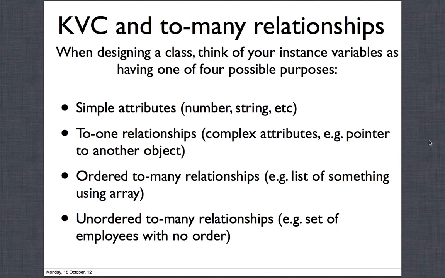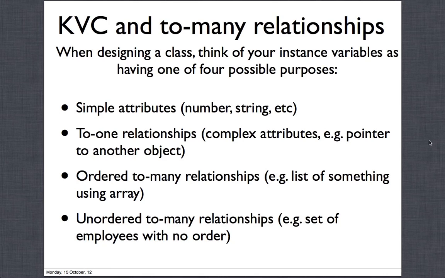Now, when you design your class and you create a new variable, you create instance variables, you have one of 4 possible purposes for that variable. It could be a simple attribute. It could be something which is represented by a simple data type, like a number or a string. So in our example last time, the person had a name and a race.